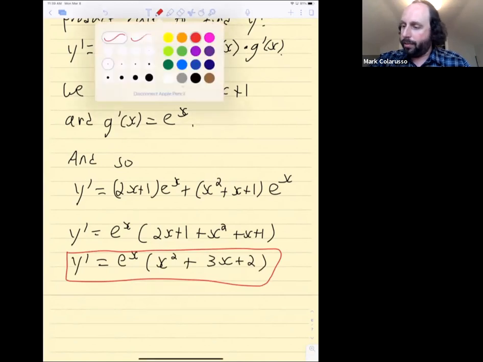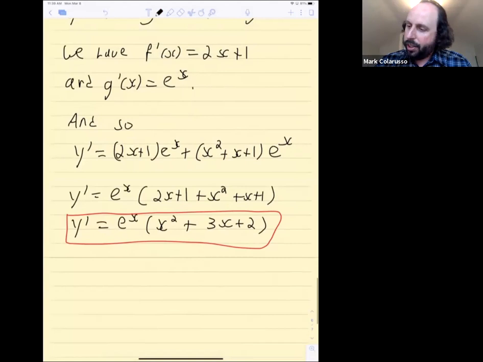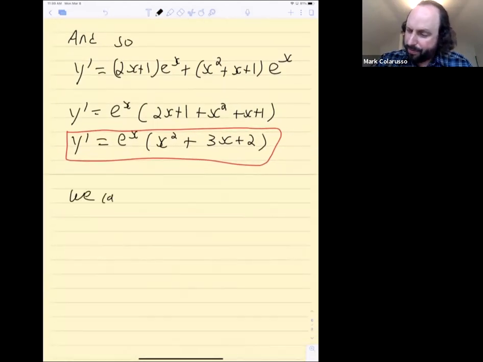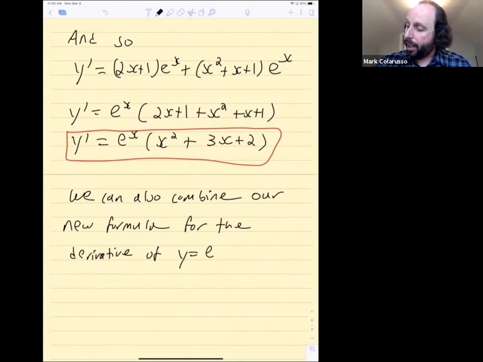Okay, so let's make it a little bit more interesting maybe. So we can also combine our new formula for the derivative of y equals e to the x with the chain rule.